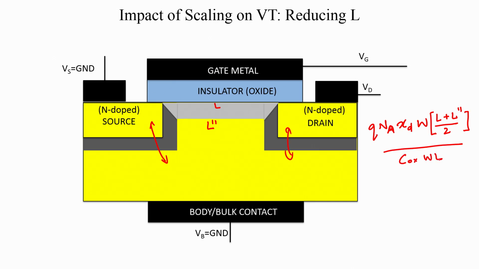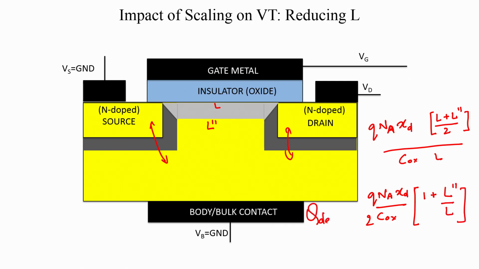Let us get rid of the W's, it is essentially going to give you Q Na XD by Cox into 1 plus L double dash by L, divided by 2. So, that is the Q depletion of the long channel device, accurately.